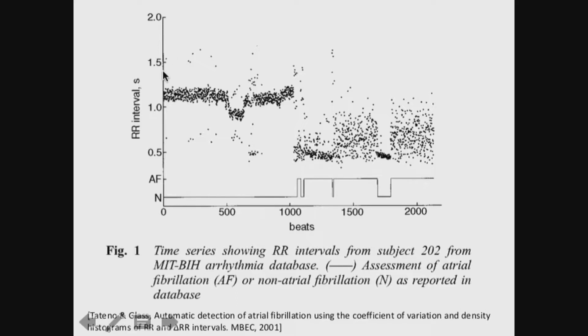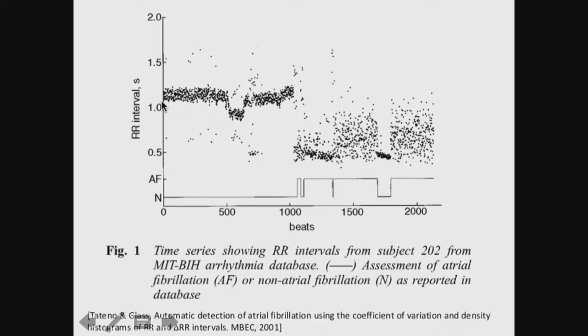The y-axis is the RR interval between the previous beat and the current beat. Down here at the bottom is the ground truth of whether the patient is assessed to have a normal rhythm or atrial fibrillation, noted as this higher value here. So these are AF rhythms. This is normal. This is AF again.